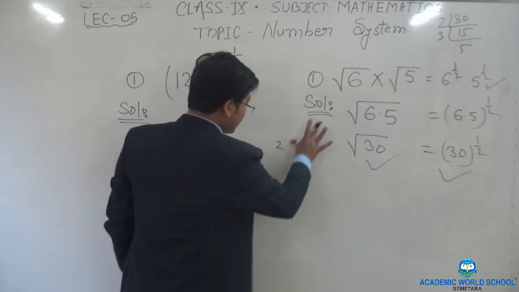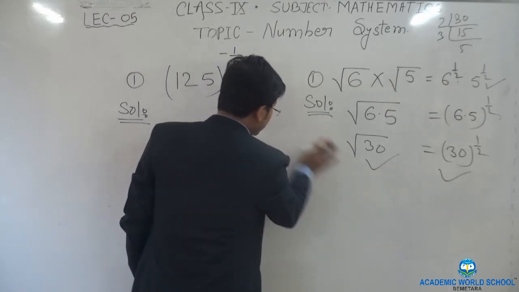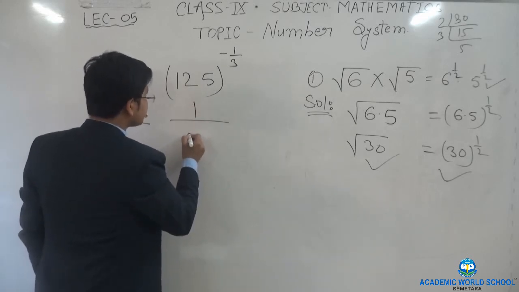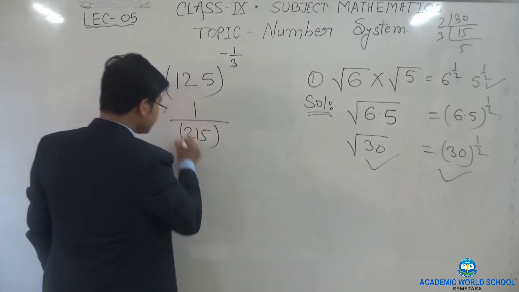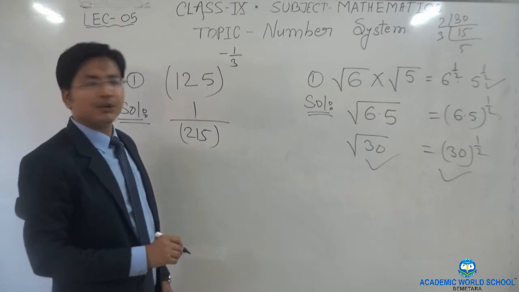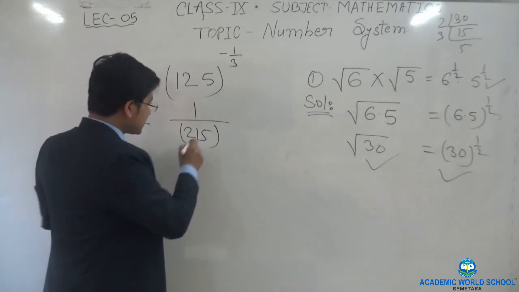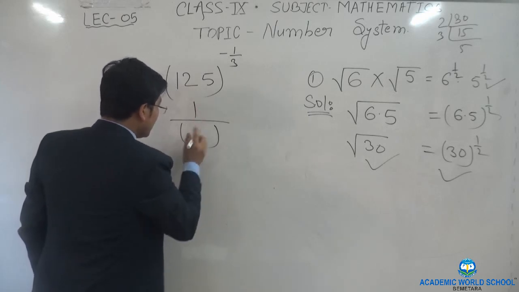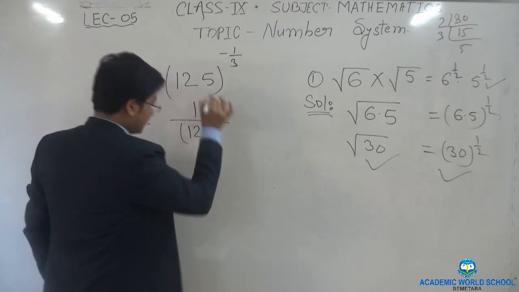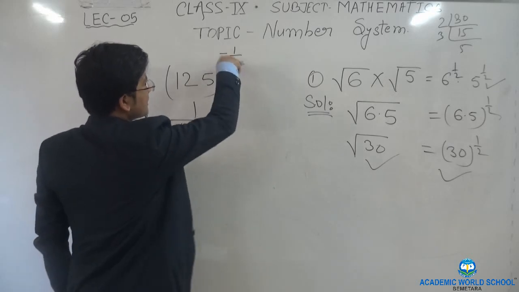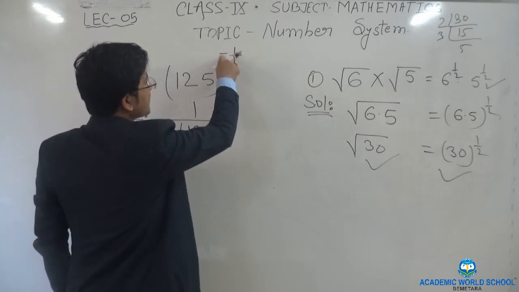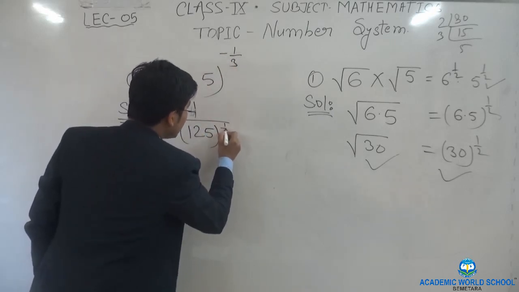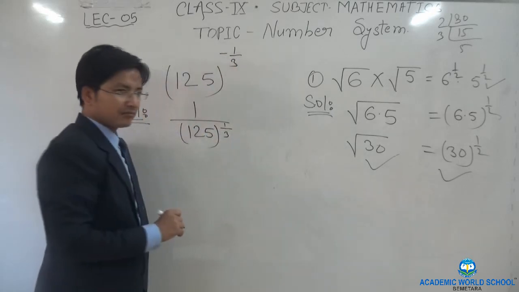So the reciprocal of 125 will be 1 upon 125. And this is a negative power, so the power will become positive, so it will become 1 upon 3.